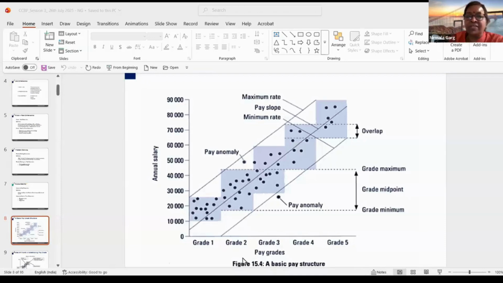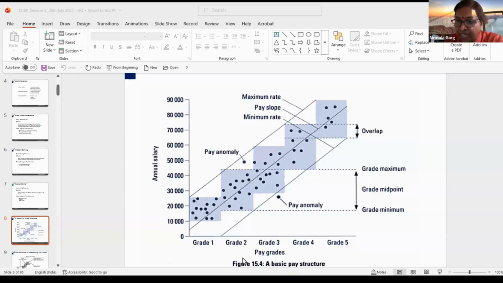Now, you have to know certain things in compensation. When we talk about compensation, you talk about grade: grade 1, grade 2, grade 3. In a narrow banding, there'll be more grades. In a broad banding, there'll be fewer grades. When I say grades, there'll be a certain number of positions which you all did in job grading under each grade.